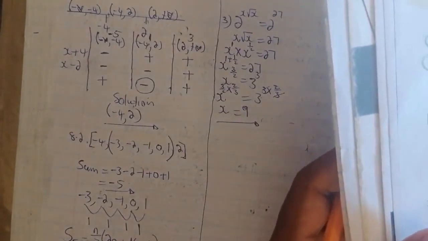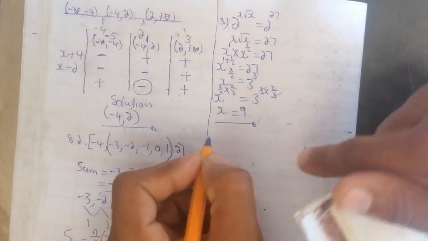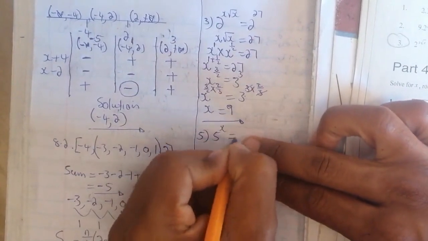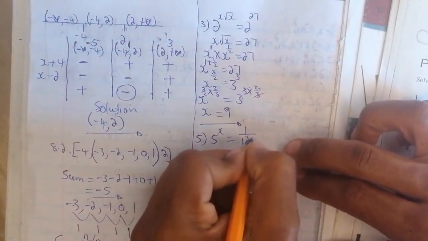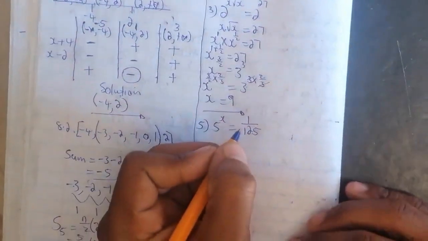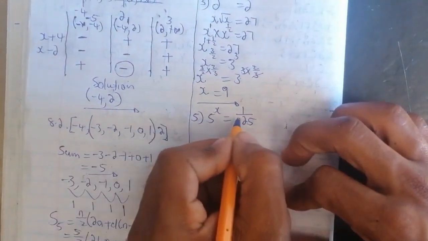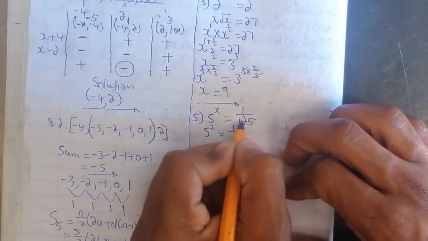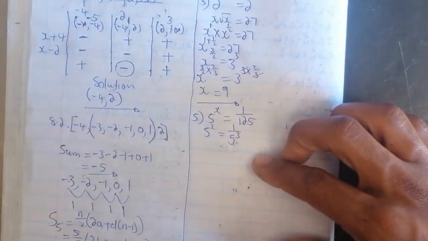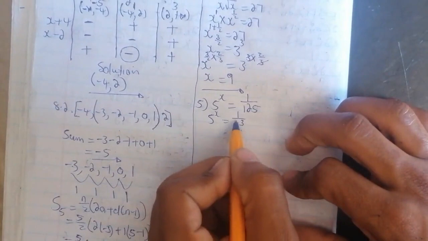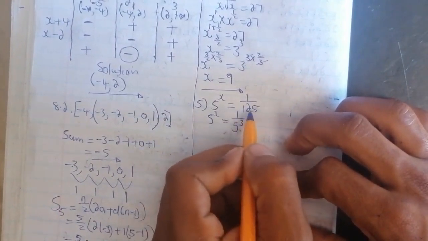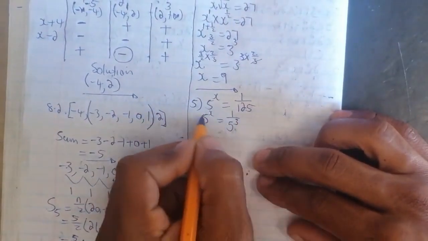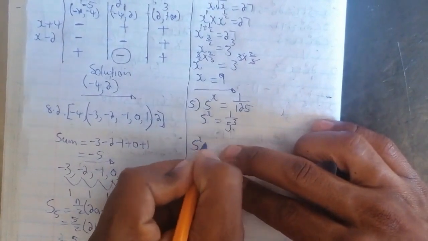And when that is done, let me go to the last one, which is the 5th one. So I'm just having 5 to the exponent of x equals 1 over 125. I can rewrite this, 125 as 5 to the exponent of 3, and you can find this out by factoring 125. So you have 5^x.